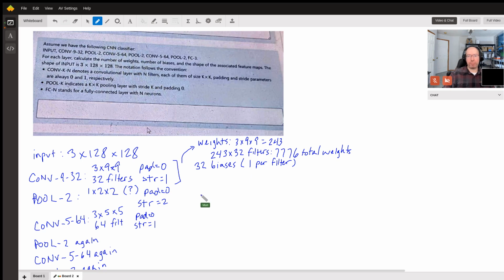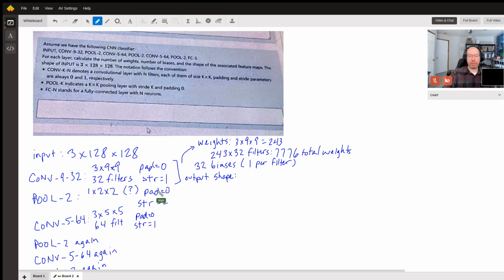All right. And then we need number of weights, number of biases, and the shape of the feature map. So basically the output shape. All right, so we worked out similar things to this before. If the input's 3 by 128 by 128, there's no padding and a stride of 1.